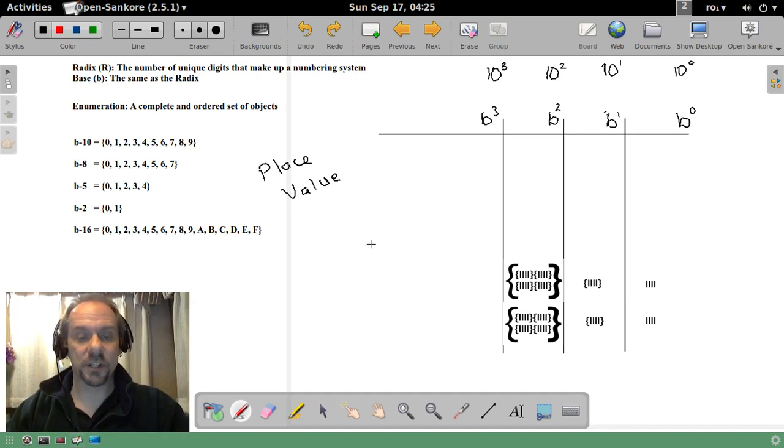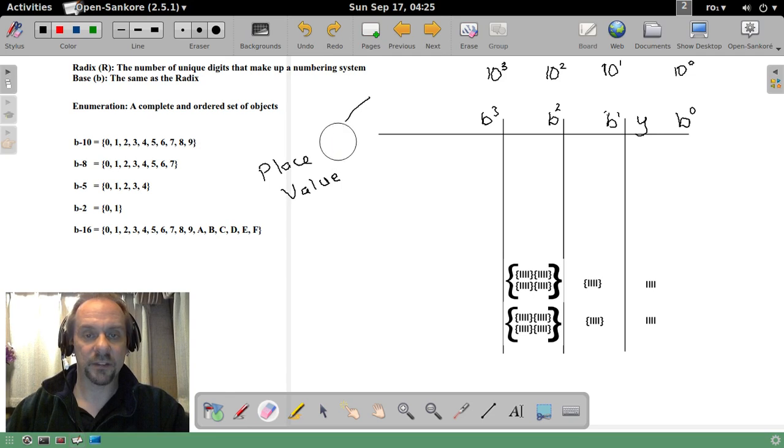Now, if we were to do this with binary, actually, let's not go there yet. If we place any number here, we can work our way into the extended form.